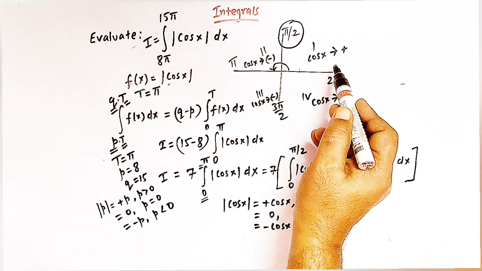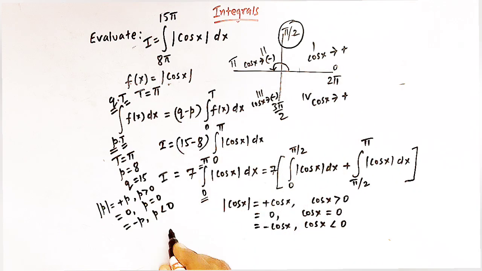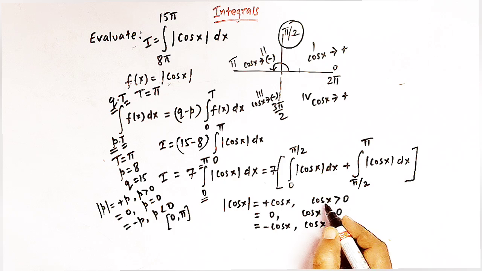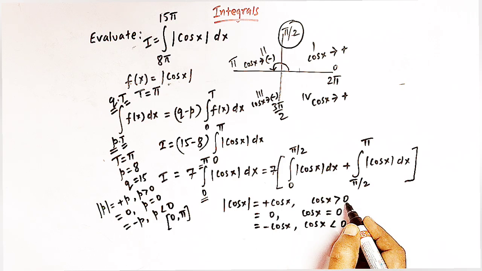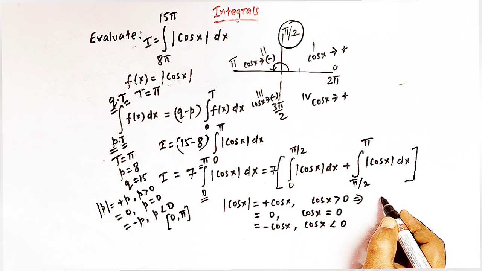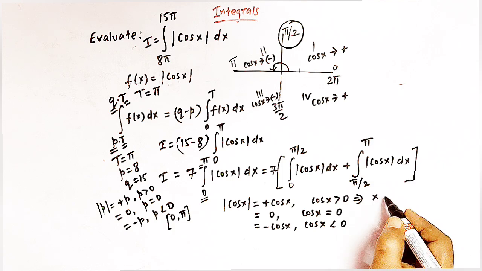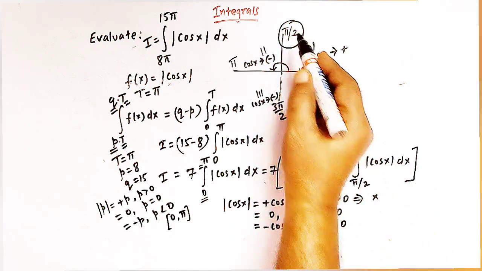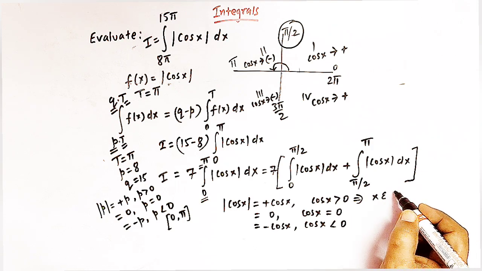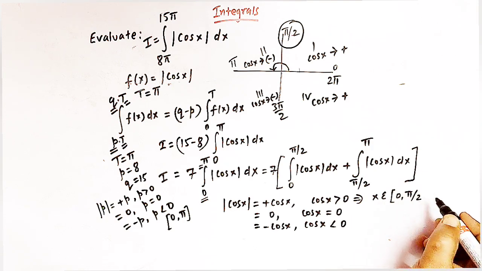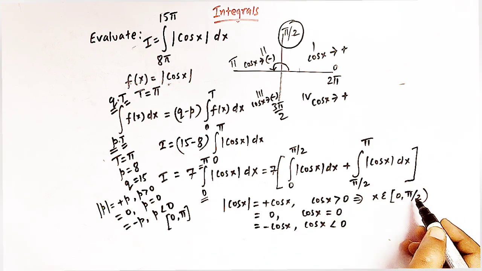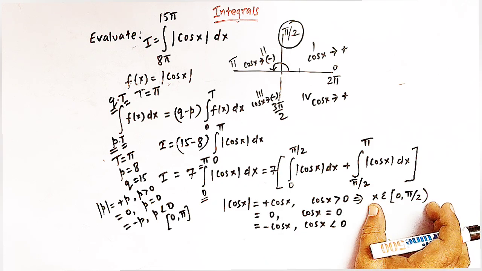Since we are restricting ourselves to the interval that is 0 to pi, when cos of x is greater than 0, it implies that x must lie between 0 and pi by 2, right? So when x belongs to the interval that is 0 to pi by 2, then cos of x is greater than 0. It means we are in the first quadrant.